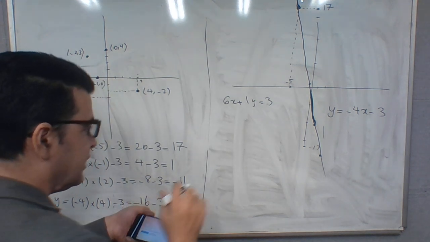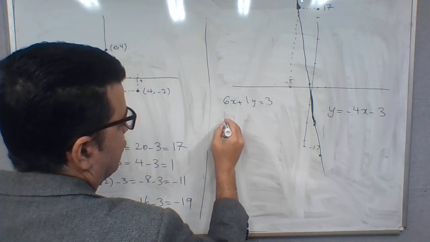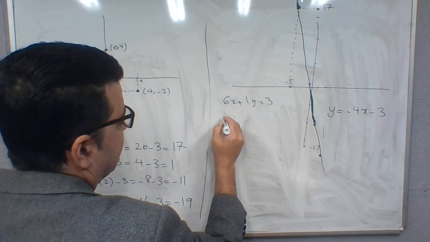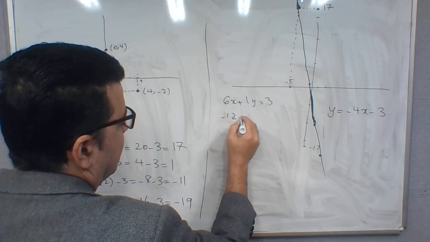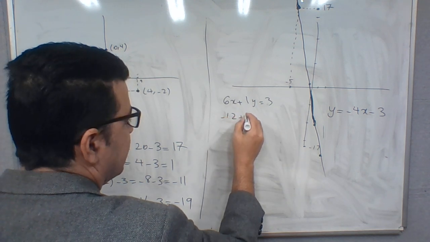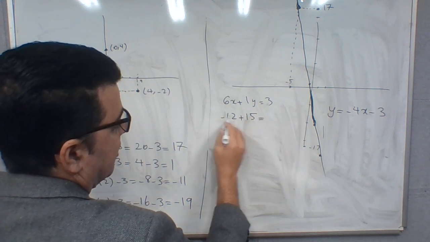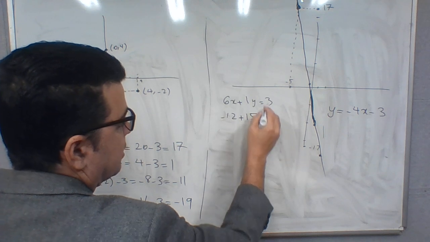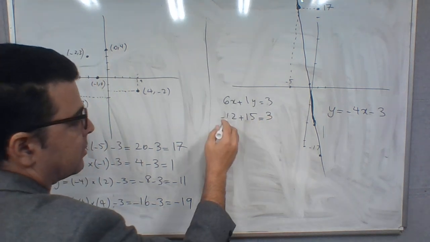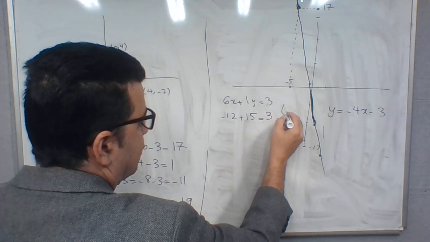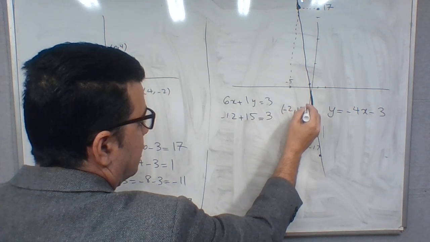Negative 2 and 15. So x is negative 2. So 6 times negative 2, negative 12, plus 15. So this is 15 minus 12, 3. And this is correct. So the point negative 2 and 15 is on the line.